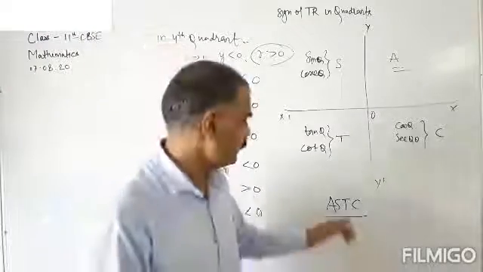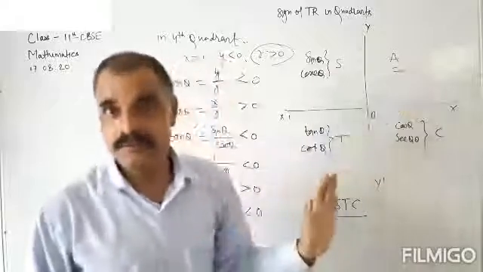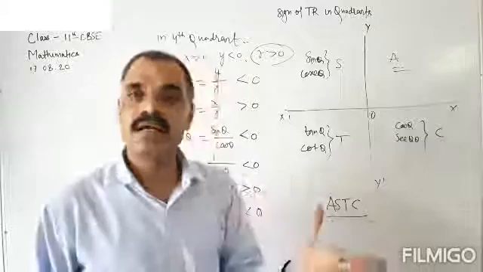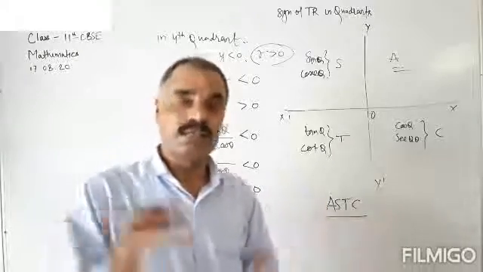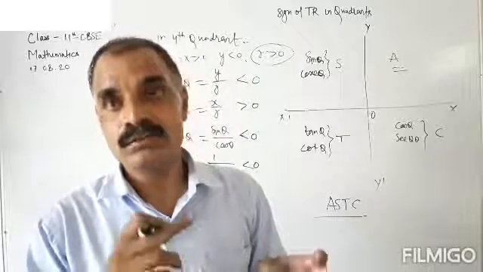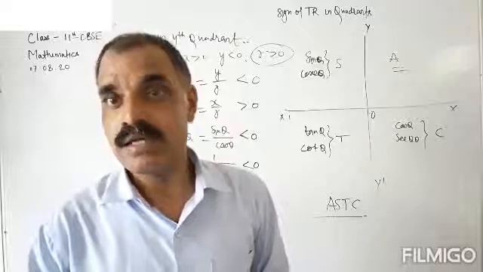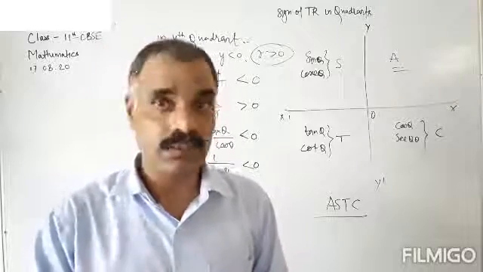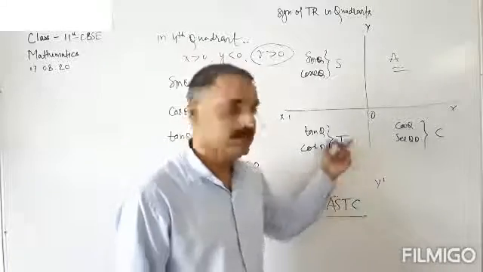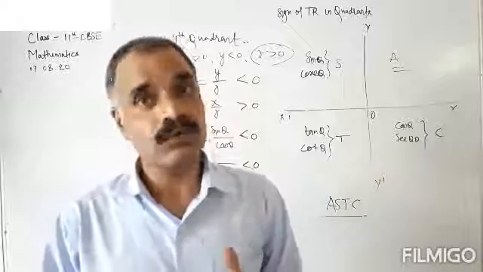Other than this means: all are positive, so none is negative in the first quadrant. In the second quadrant, S means sine and cosec are positive, and cos, tan, cot and sec are negative. In the third quadrant, T means tan and cot are positive, and sine, cos, sec and cosec are negative.